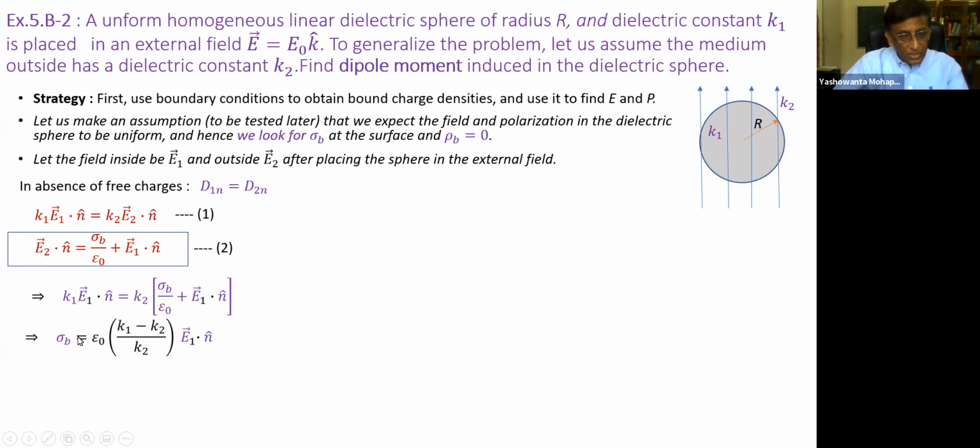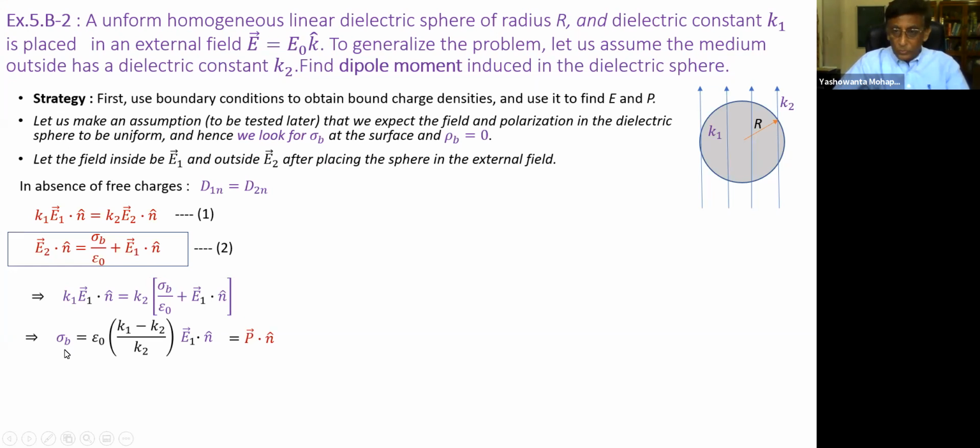So sigma b turns out to be epsilon naught times K1 minus K2 times E1 dot n, just by solving this and bringing sigma b out.